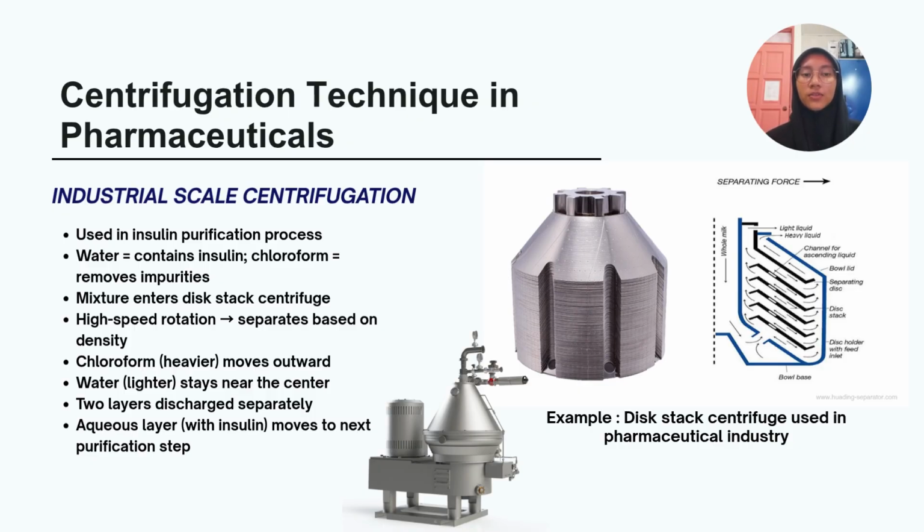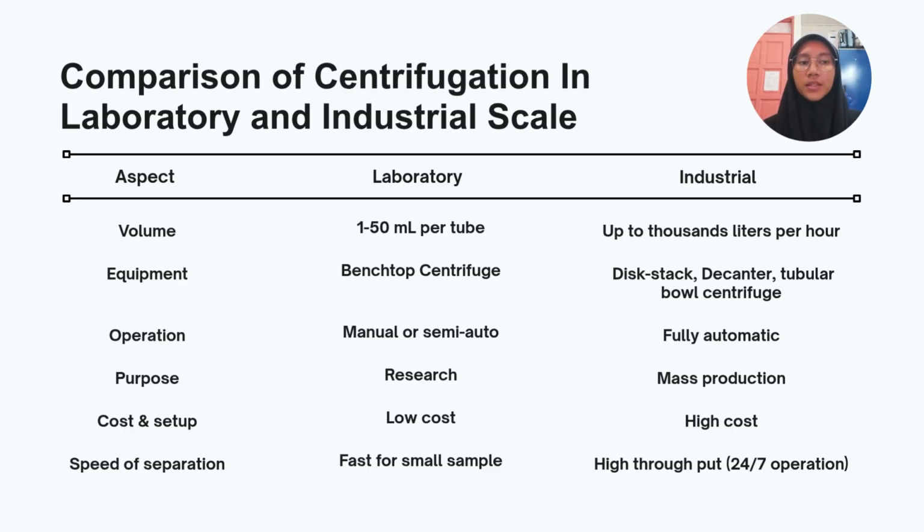They are fully automated and widely used in pharmaceutical manufacturing, oil-water separation, and even in food processing. So let's compare the benchtop centrifuge and this centrifuge: the benchtop centrifuge is used in labs, and this centrifuge is used in industry.